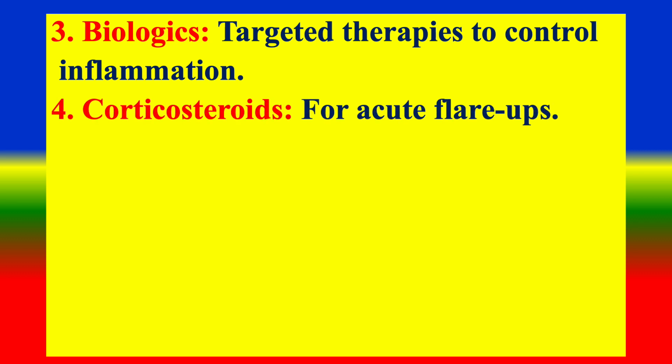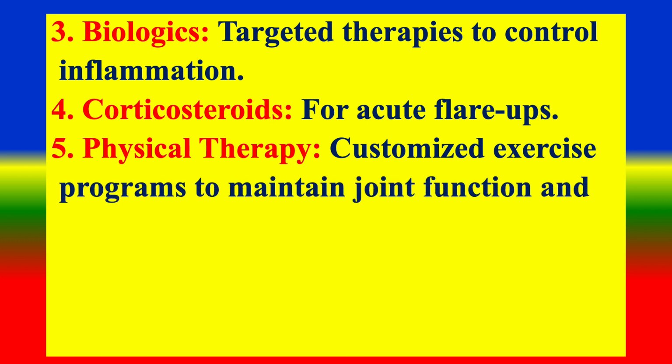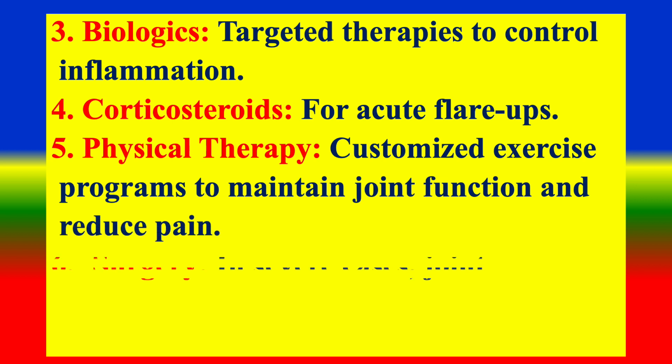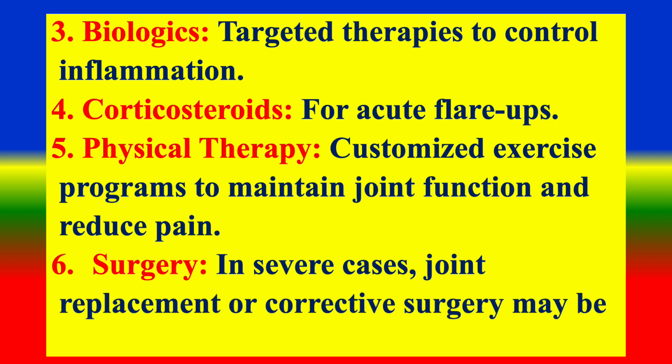Corticosteroids for acute flare-ups. 5. Physical therapy, customized exercise programs to maintain joint function and reduce pain. 6. Surgery, in severe cases joint replacement or corrective surgery may be needed.